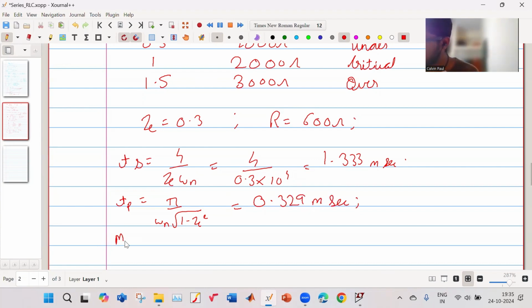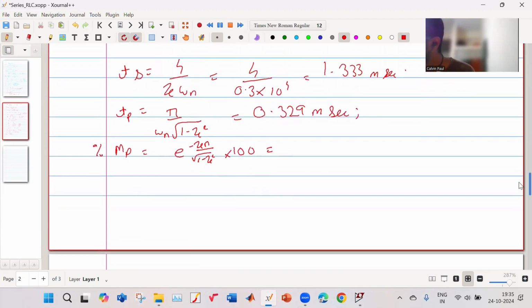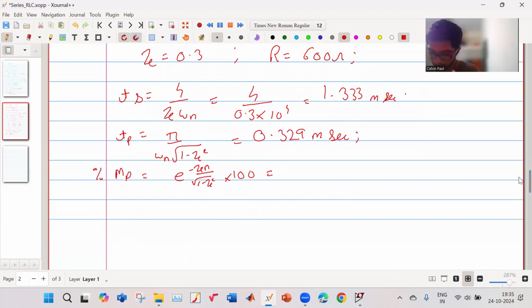And my percentage overshoot is given by e to the power minus zeta pi by square root of 1 minus zeta square into 100. So that comes out to be 37.23%.